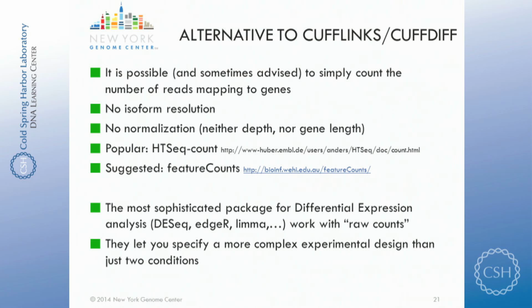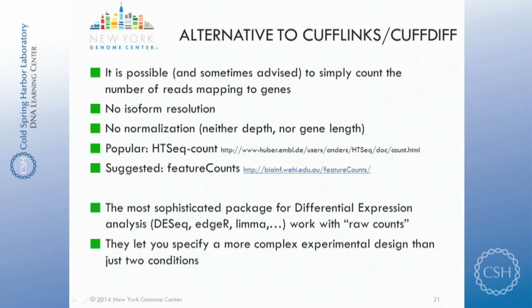So star is a very good alternative to TOPHAT. I'm not saying that everybody should use it. I'm just saying that it's important to know that there are alternatives. For CUFFLINKS and CUFFDIFF, it is possible, and I say here sometimes advised, to simply count the number of reads mapped to genes.